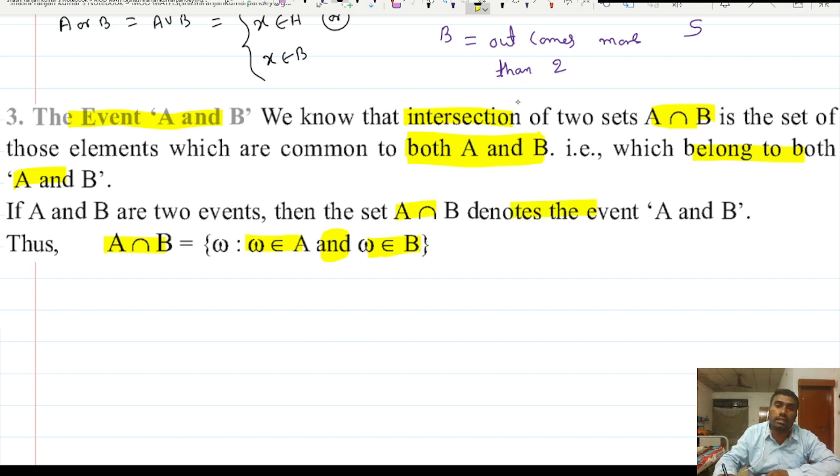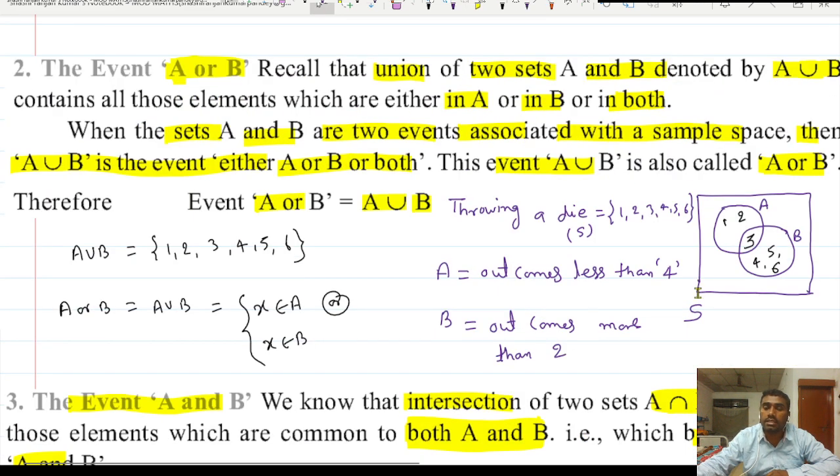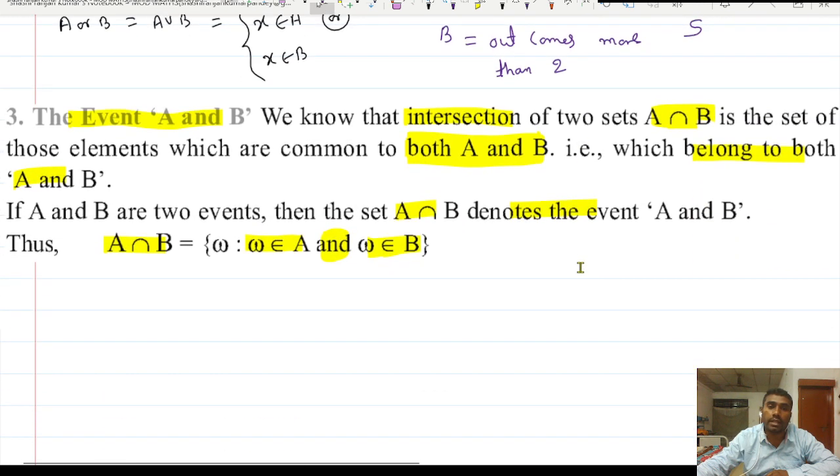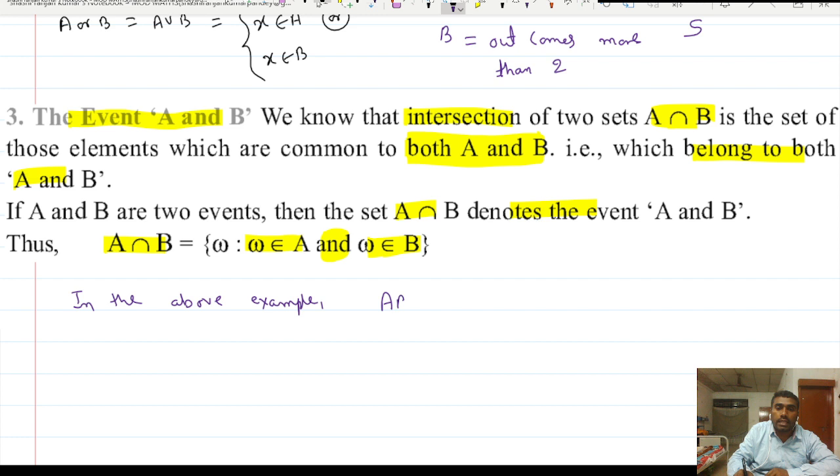If I take the above example, in A intersection B, 3 is there, right? You can see this 3. 3 is present in A and it is also in B. So with this example, if you take the above example, what is A intersection B?